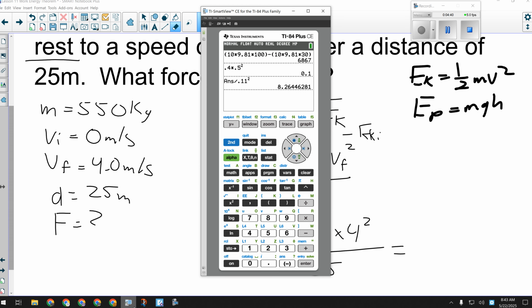So 0.5 times 550 times 4 squared, divide that by 25 meters. So 176 newtons worth of force was used to push the rock. Okay?